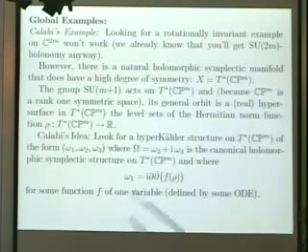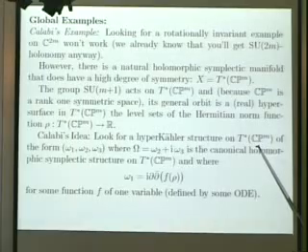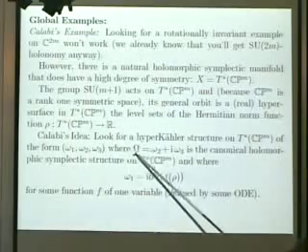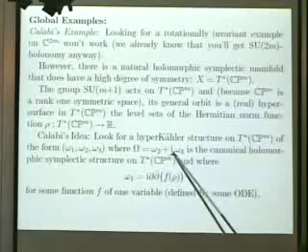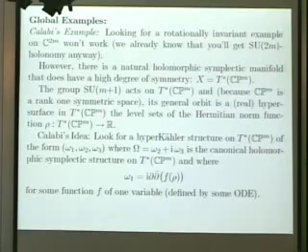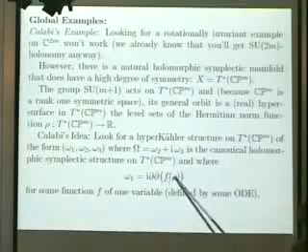So, and this is Calabi's idea, what we do is we look for a hyperkähler structure on this guy of this form, where omega 2 plus i omega 3 is the canonical holomorphic symplectic structure on the cotangent bundle of CPm, and where omega 1 is i partial-bar partial of a function f of rho only.